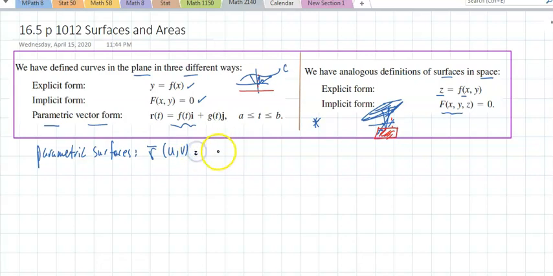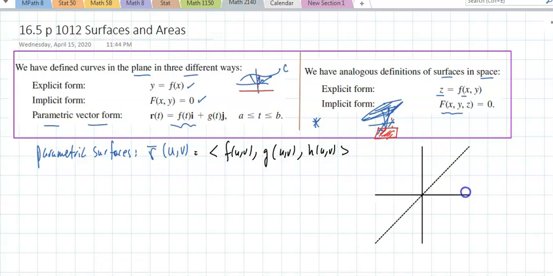So this would be a function of u and v in the i, a function of u and v in the j, and a function of u and v in the k. Right? That's kind of to represent such a surface.